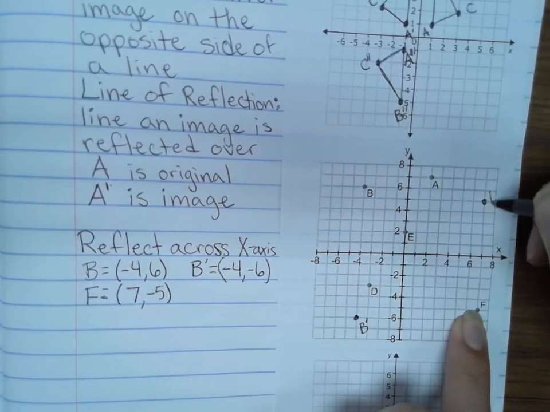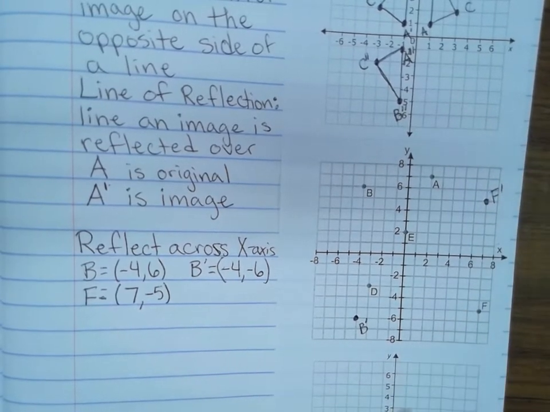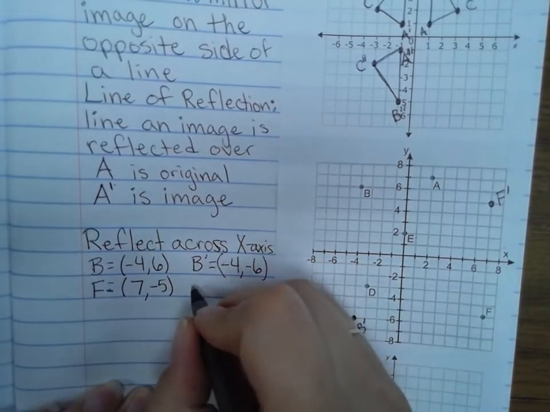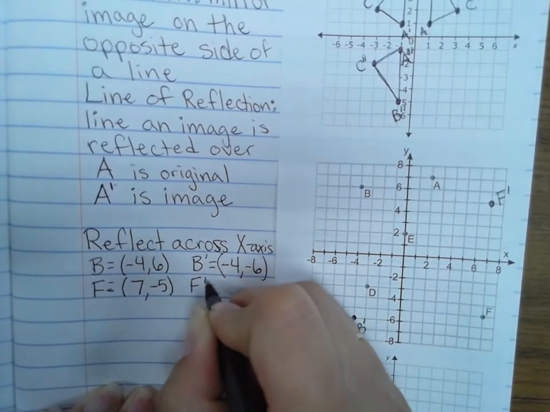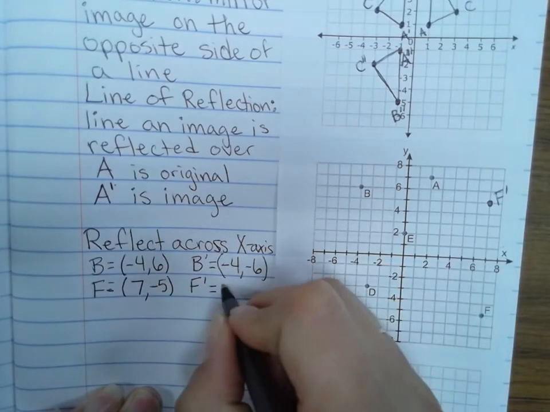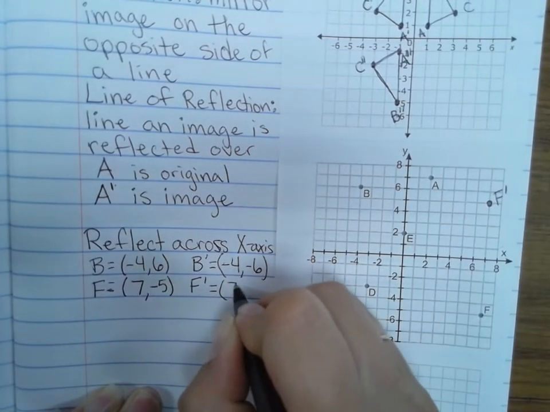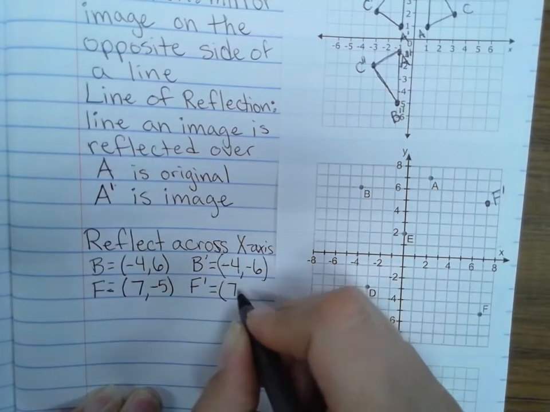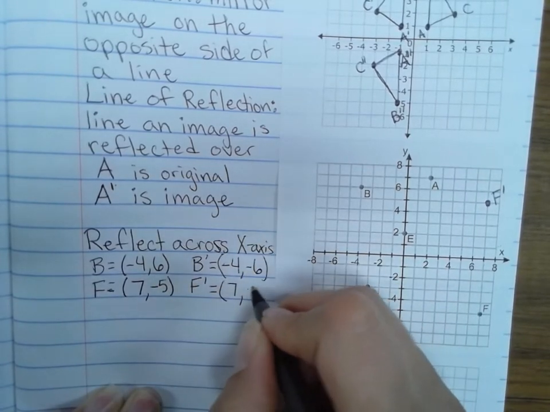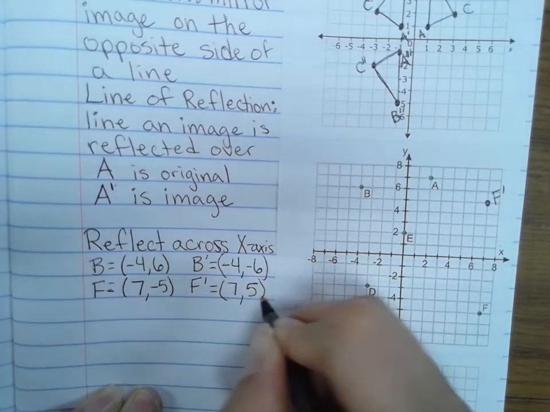Put a dot there, F prime. So F prime is located at positive 7, positive 5. Notice again, my x value did not change, but my y value did. It's now positive when it was negative.